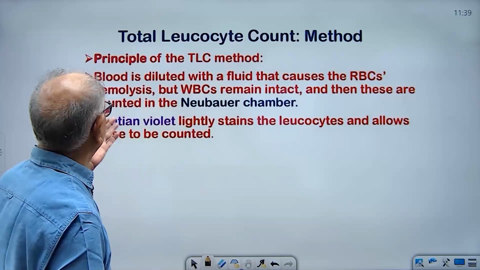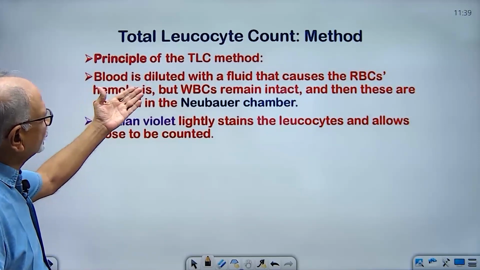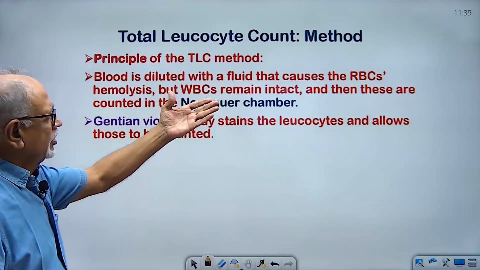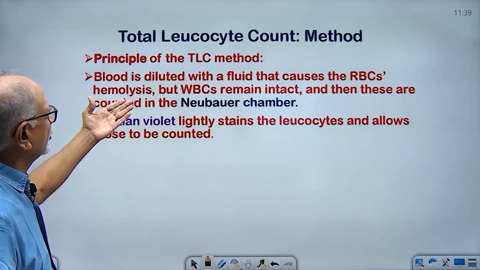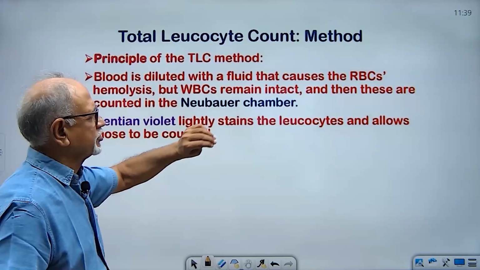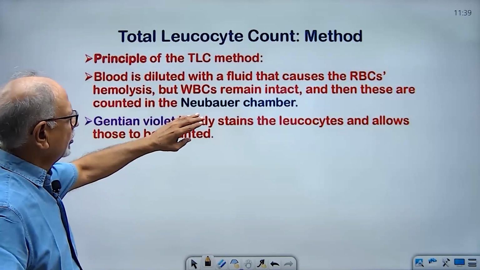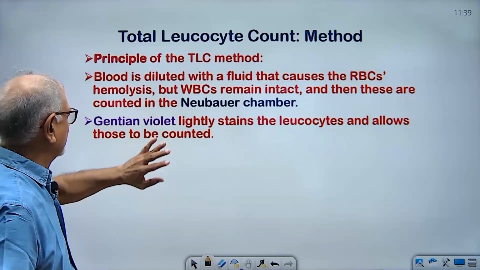The principle of this method is that blood is diluted with a fluid which causes hemolysis of RBC, but WBC remain intact. Then these are counted in the Neubauer's chamber.